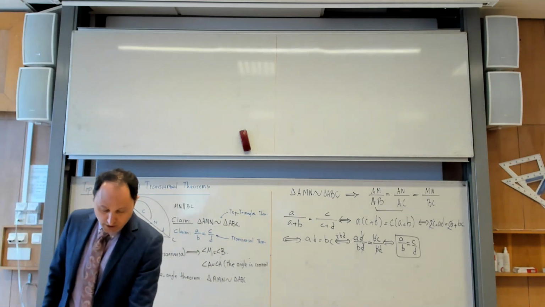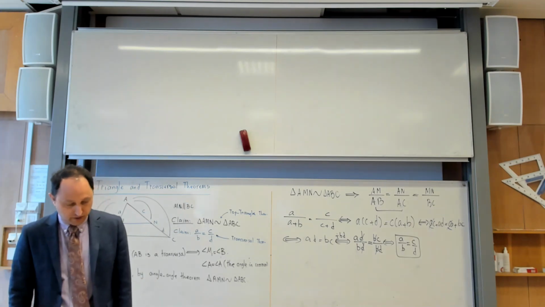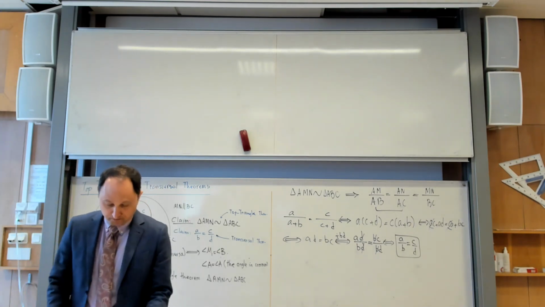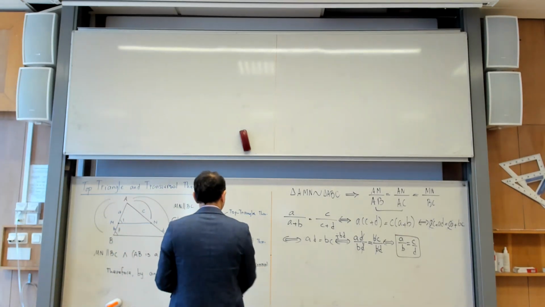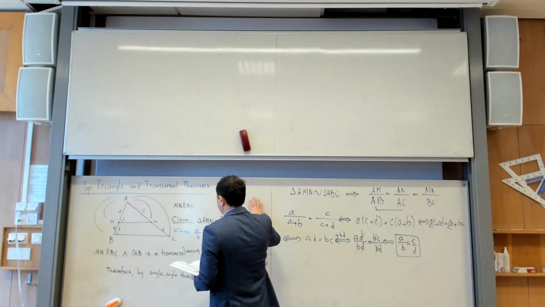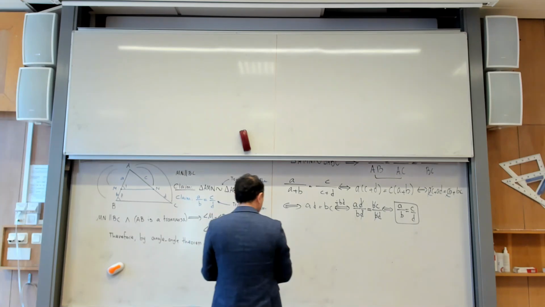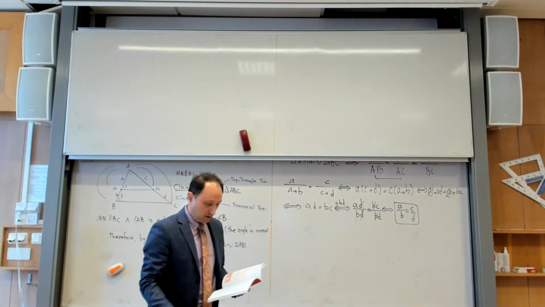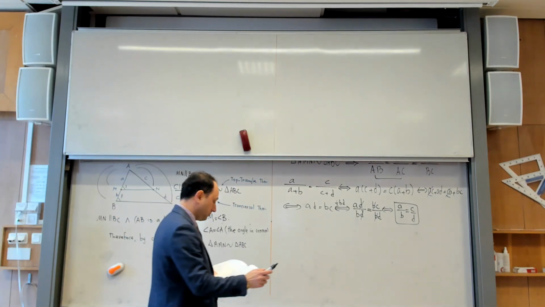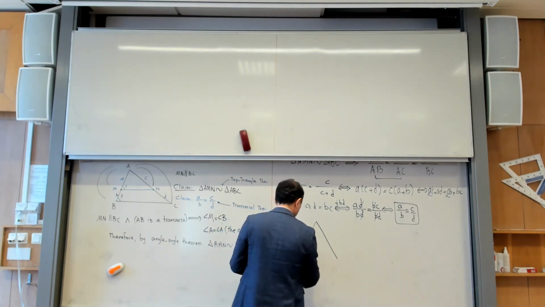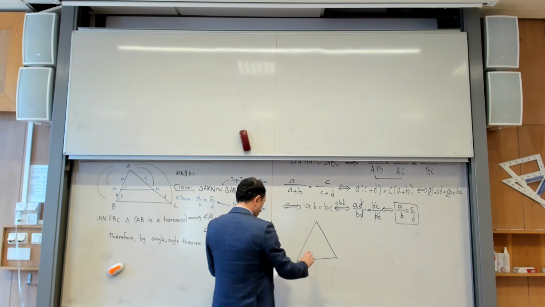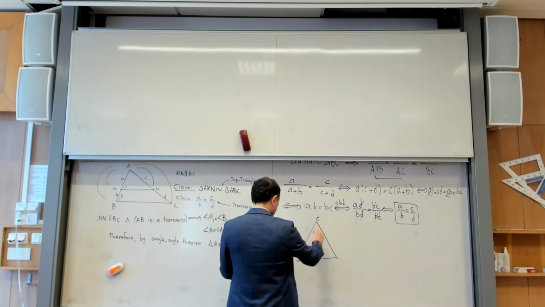Okay, so I think the examples are actually very simple now. Let me just solve these two problems, and then we can choose some from the exercises. So, if I understand it correctly, there is a picture here in the book. We have this triangle, and then you have C here.